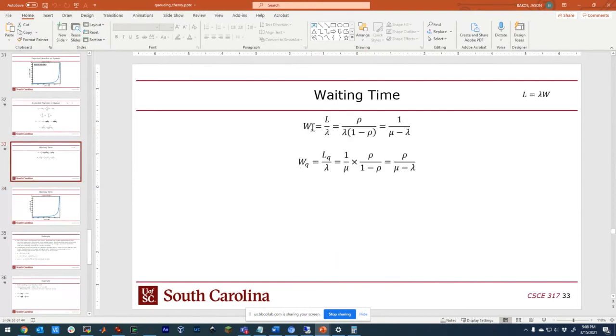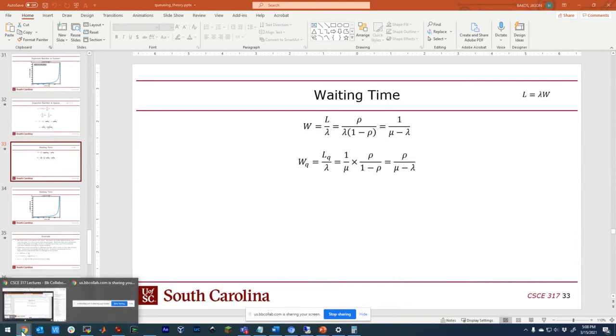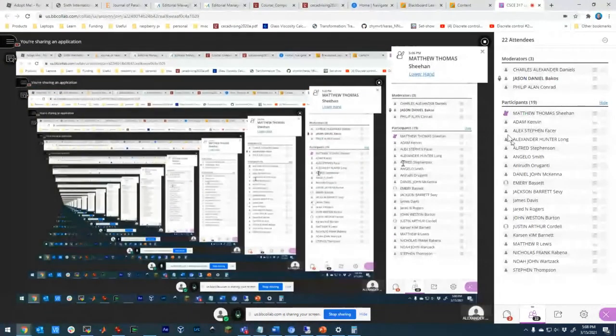W is the time I can expect to wait to get all the way through the barber shop, so that includes waiting in line as well as cutting my hair. W sub Q is the time I can expect just to wait in line. So if I know the lambda value for people arriving and the value for the barbers, I can calculate how long I can expect to wait in line to get my hair cut. Make sense?